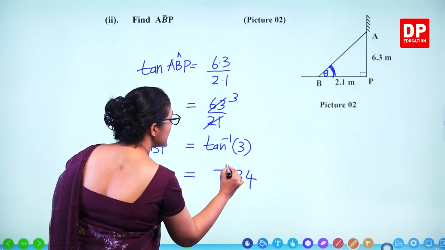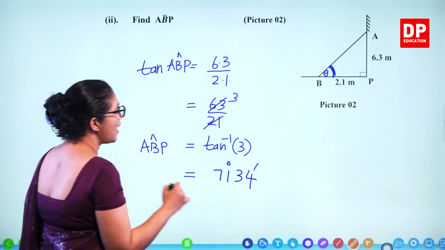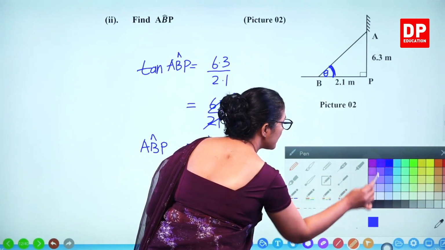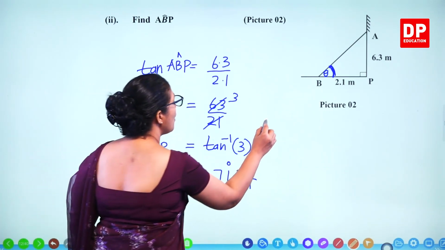So 71 degrees 34 minutes. So that's the angle. So how many marks for that? 4 marks for that question.